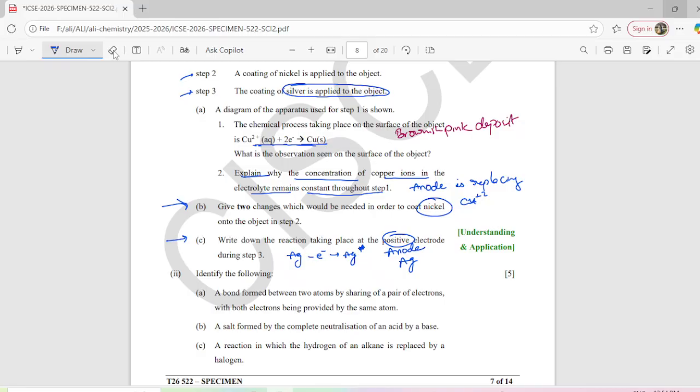So in electroplating, the silver electrode which is taken as the anode will undergo ionization to form silver ions. So this will be the reaction taking place at the anode when you electroplate the article with silver. Right. Next, question 2.